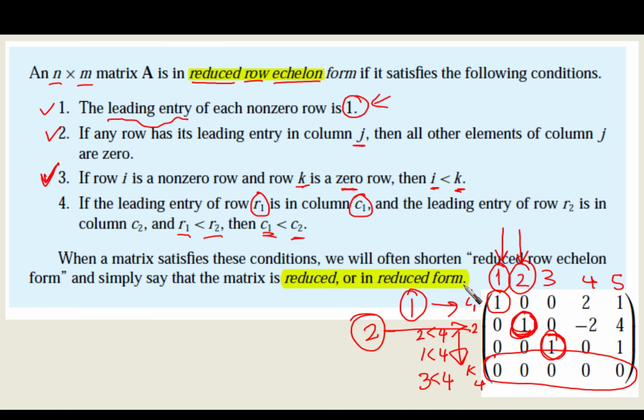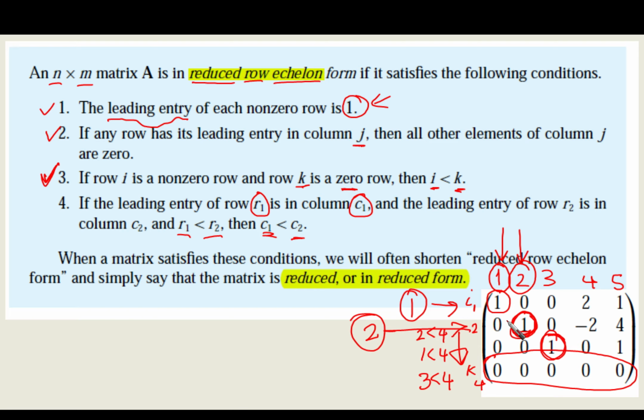It means that we need all the leading entries, the first non-zero element read from the left, to follow this rule. If it's for row 1, it should be in column 1.